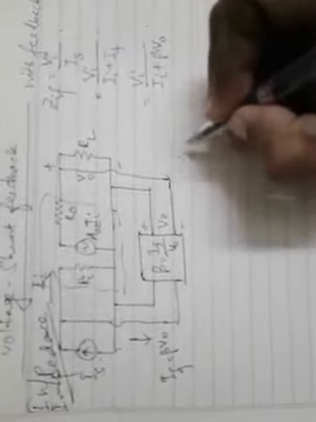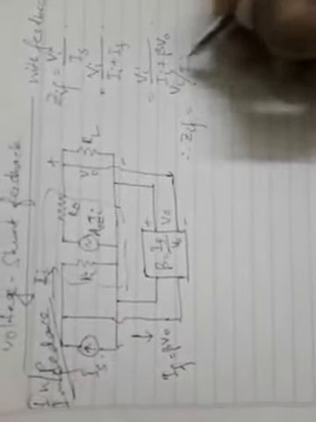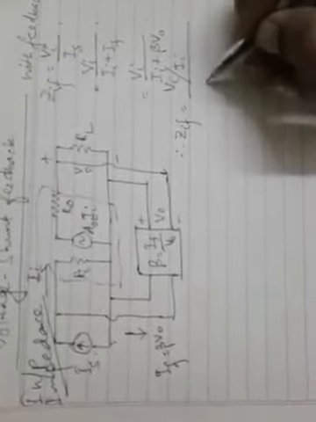Now let us divide the numerator and denominator by Ii. So ZIF can be written as Vi by Ii divided by Ii by Ii plus beta into Vo by Ii.